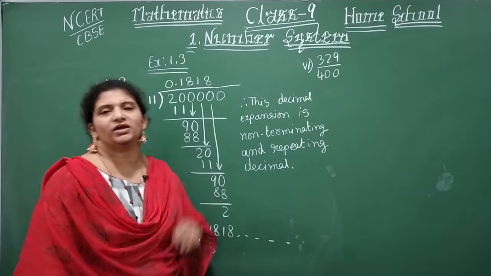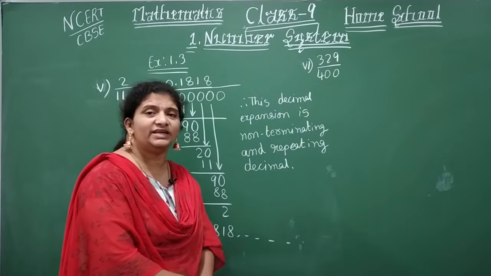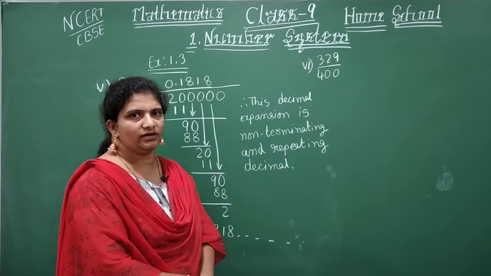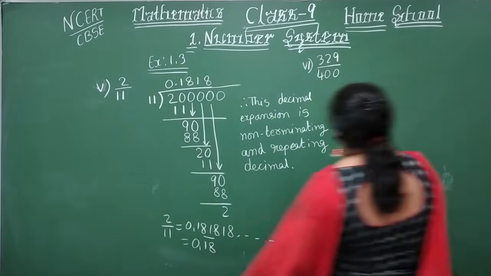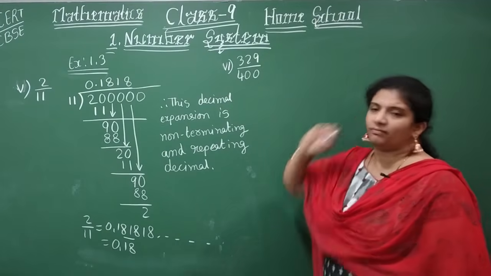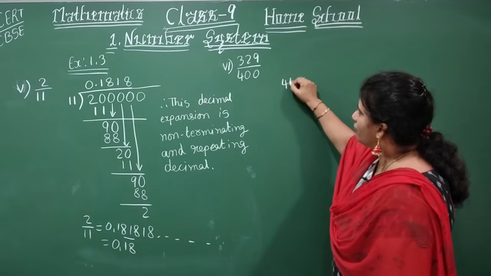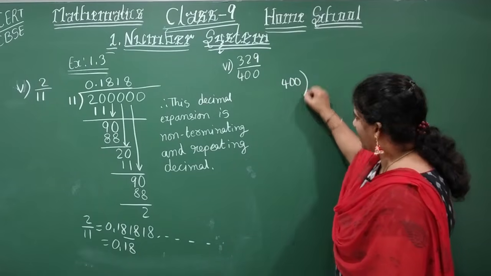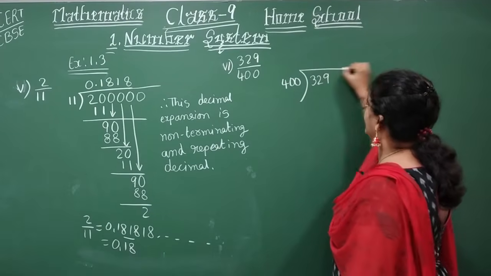So now coming to your sixth problem, children. 329 by 400. How do you do this, children? So now look here carefully. 329 by 400. Let's start the division here. 400 is a divisor. 329 is a dividend.